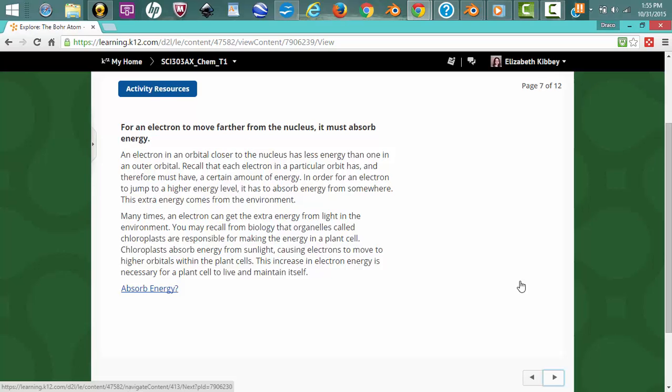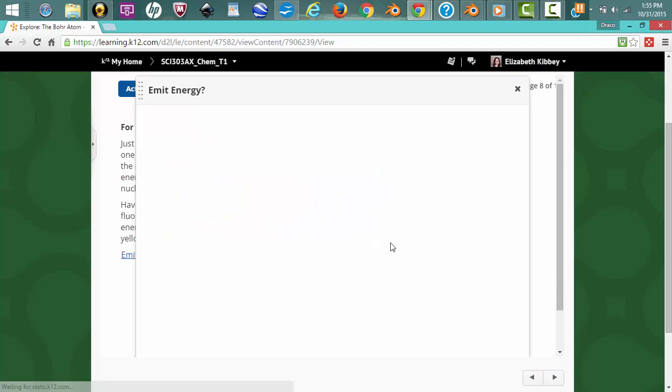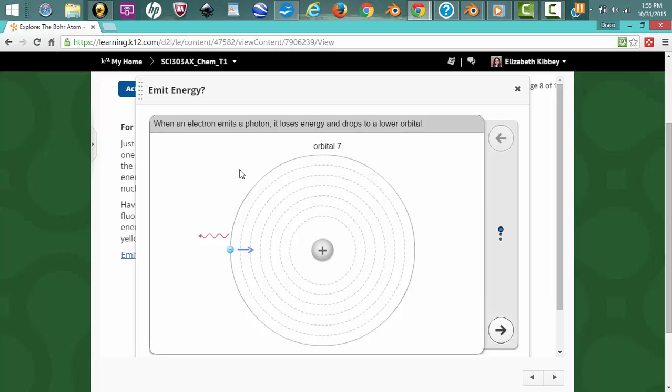Simple enough. For an electron to move closer to the nucleus, it must release energy. When an electron emits a photon, it loses energy and drops to a lower orbital. An electron continues to drop through lower orbitals as it loses photons. This is the lowest amount of energy an electron can have and still be in an orbital.